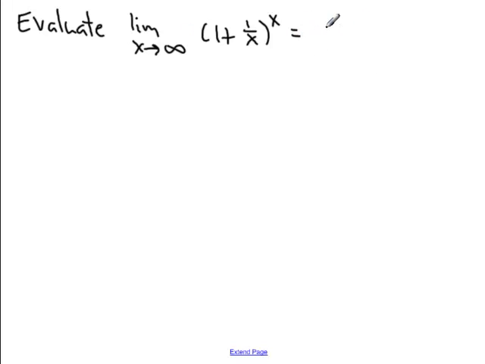our limit and set it equal to L, and then apply the natural log to both sides.